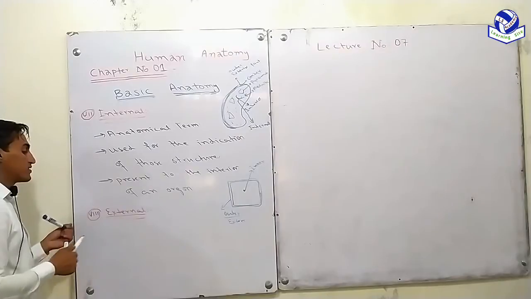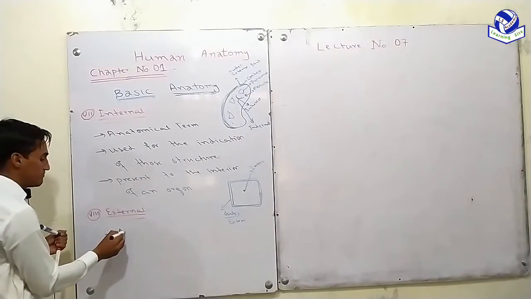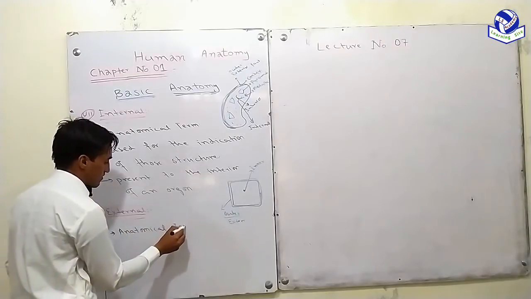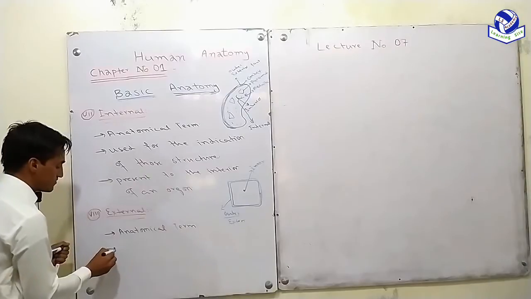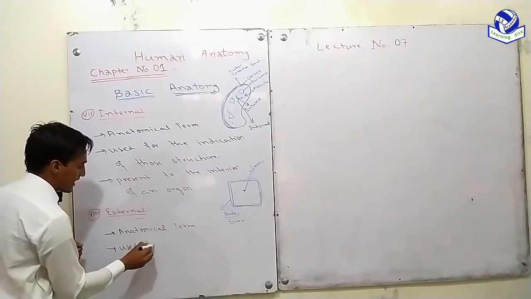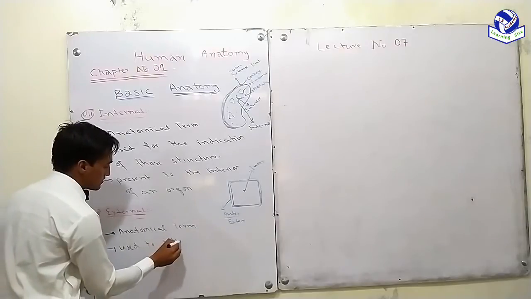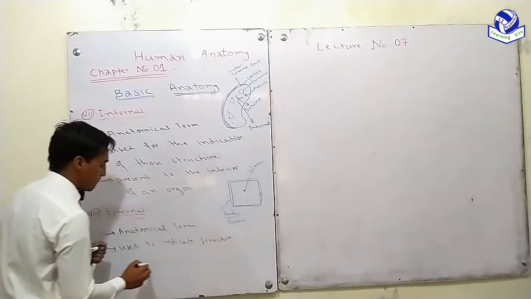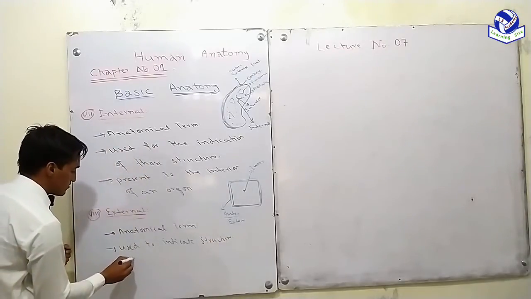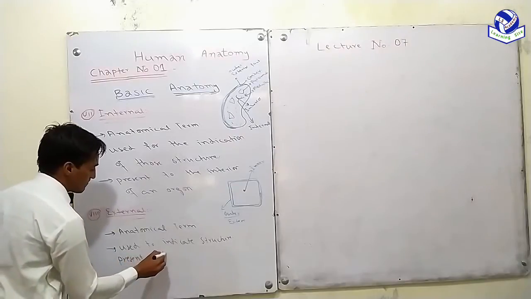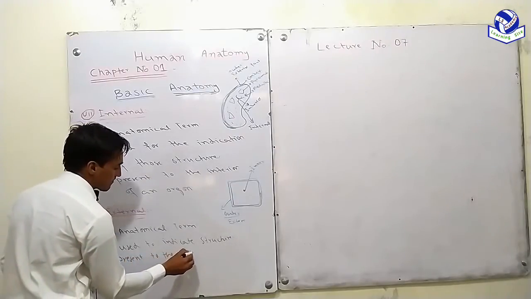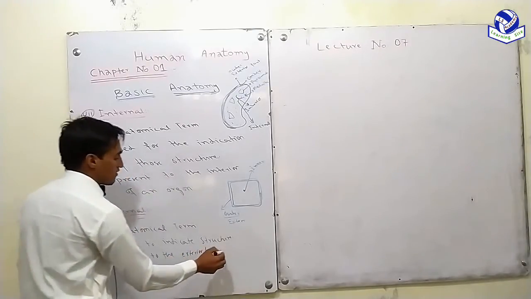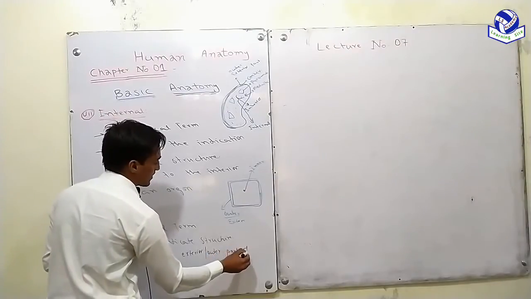External is also an anatomical term used to indicate structures present to the exterior or outer part of an organ.